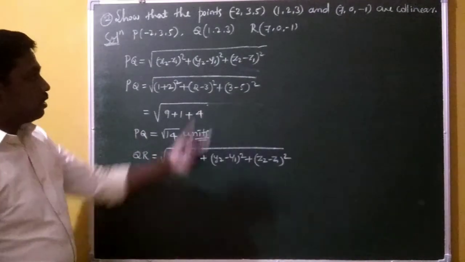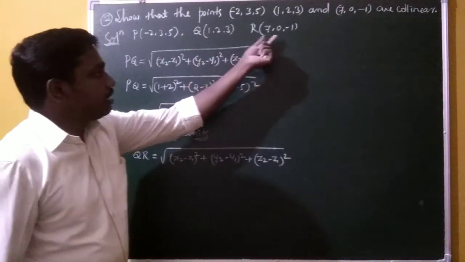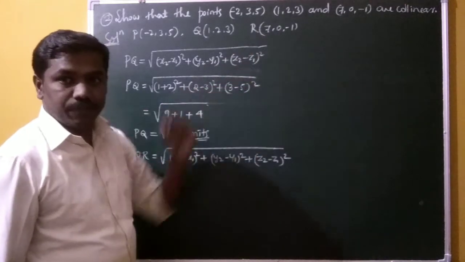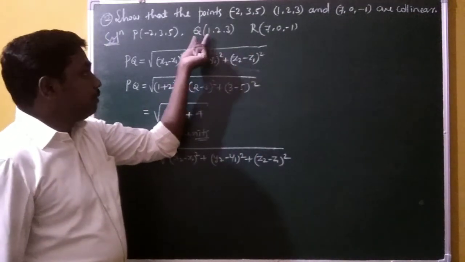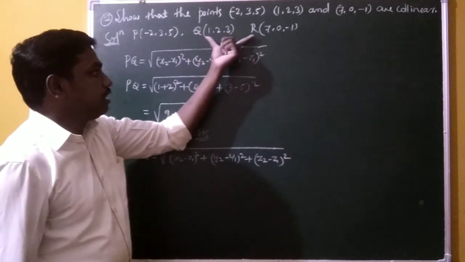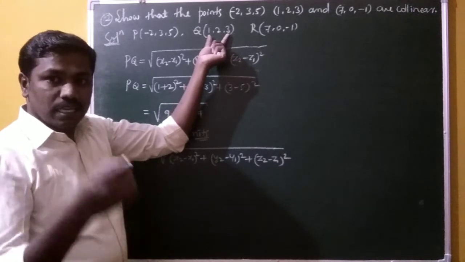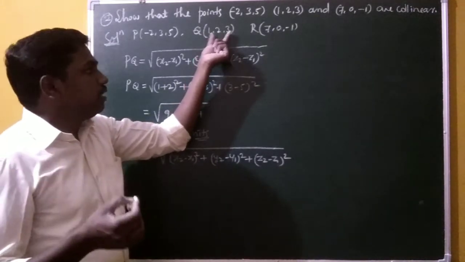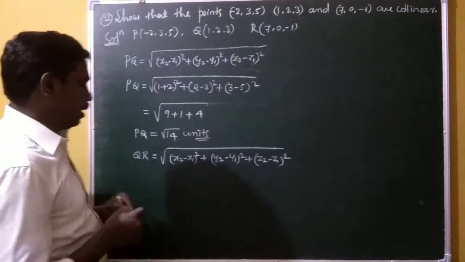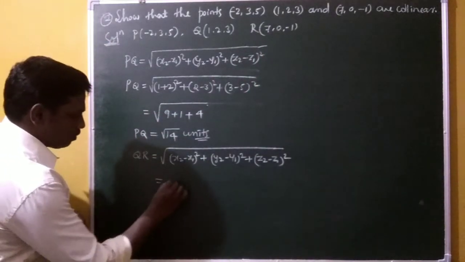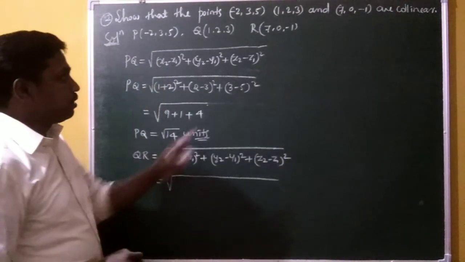Now this is x1 y1 z1, this is x2 y2 z2, right? We are calculating the distance between Q and R. So plug in the values of x1 y1 z1 and x2 y2 z2.